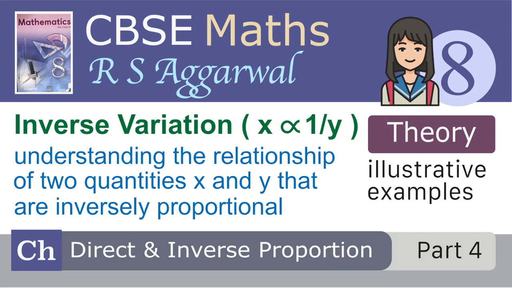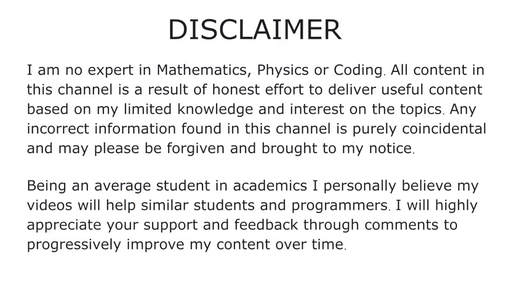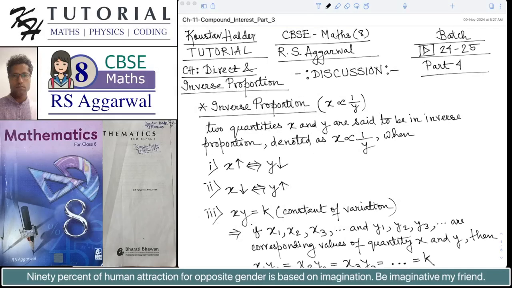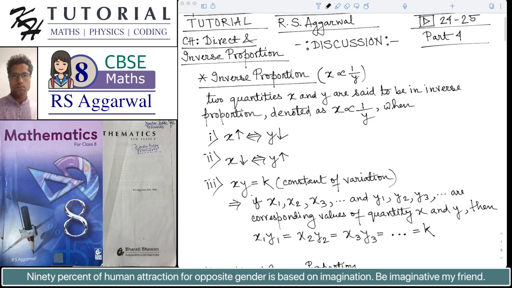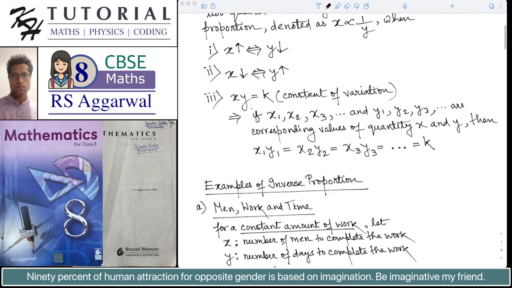So let's get started with part 4 on the chapter of direct and inverse proportion, on the topic of inverse variation. I have prepared my rough notes. As you can see on the right hand side, I have my canvas where I have written some notes on inverse proportion.